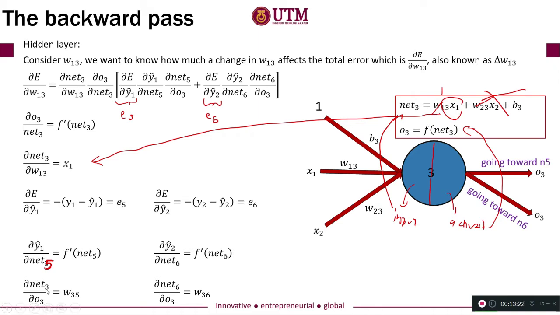And then del net 5 over del O3. Sorry, this is not net 3, it is net 5. If you remember, my net 5 is the input function of neuron 5.